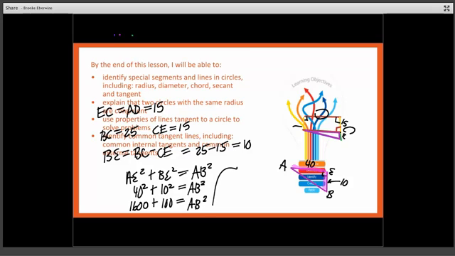So I'm going to come up here where I have more room. 1600 plus 100 is 1700. That is equal to the length from A to B squared. So to figure out the length of AB, I just take the square root of 1700.